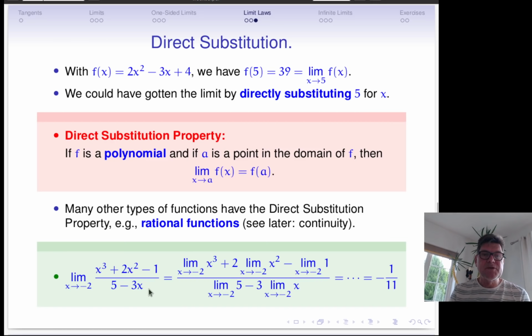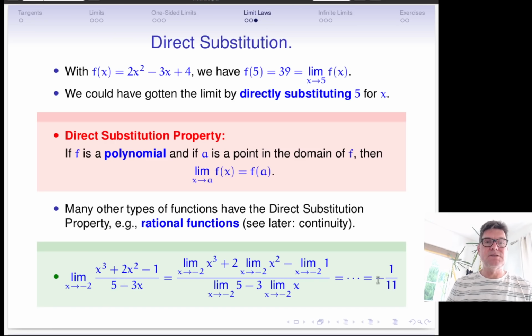Here, step by step, applying the quotient law first, and then the sum and difference laws, and so on, the limit laws guide us, in order to evaluate this limit, to simply evaluate this rational function at minus 2 and find the value minus 1 over 11. Maybe you want to go through the steps for yourself, justifying which limit law you use at each step on the way.